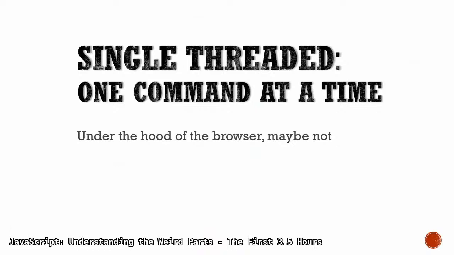It sounds pretty complicated, but it's easy to understand. That means that one command is being executed at a time. So any program is full of many commands within the code. Single-threaded execution means you're only doing one at a time.